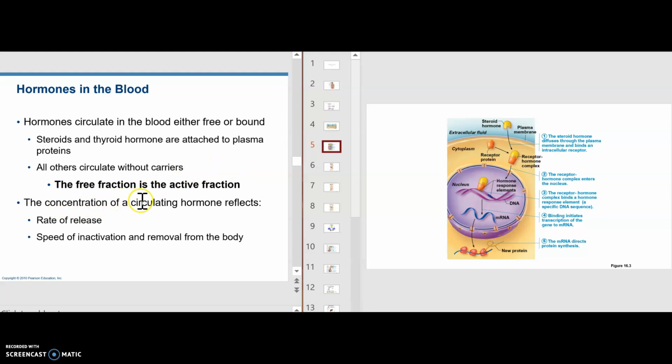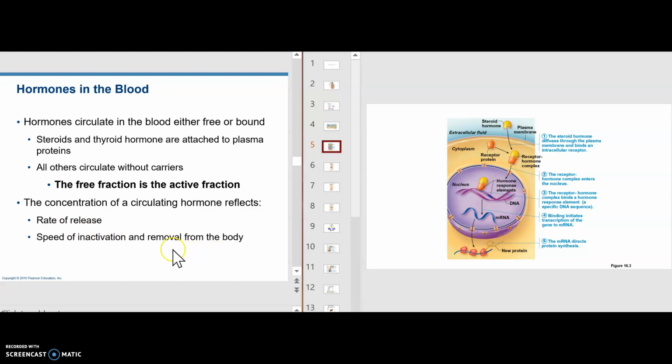So the concentration of a circulating hormone reflects its rate of release. The faster the release, the higher the concentration. Now there are 2 things. One thing is, what's the source cell? The source cell can increase the concentration, and the target cell can reduce it because the hormone is leaving the circulation. Another thing is the speed of inactivation.